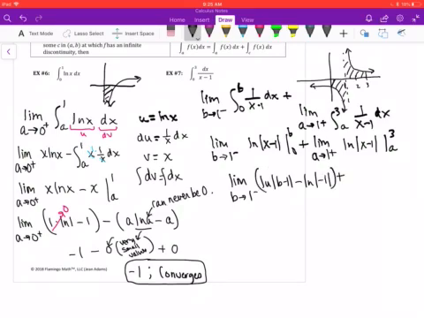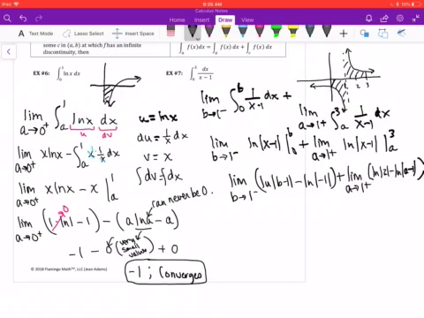So we do need those absolute value signs. Limit as a approaches 1 from the right, we've got ln absolute value of 3 minus 1, which is 2, minus ln absolute value of a minus 1.